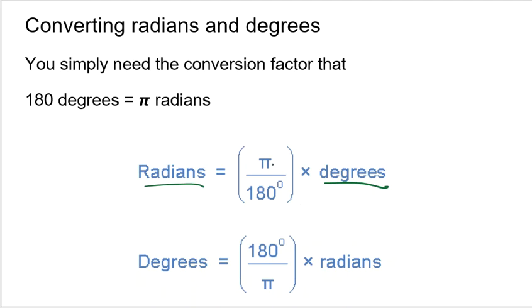I know that pi divided by 180 is not 1, but technically with units it is 1: pi radians over 180 degrees. So essentially, this is multiplying by the number 1, just like if you're converting between feet and inches or even minutes and seconds. If you're in radians and you want to get to degrees, you multiply by 180 over pi.